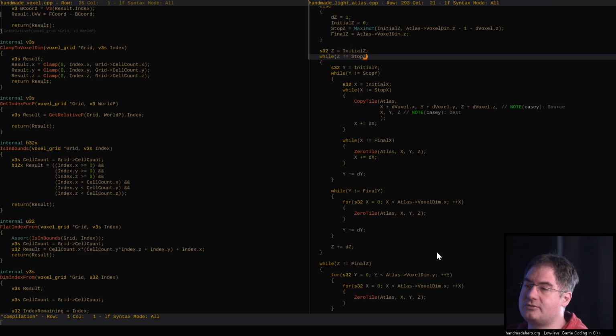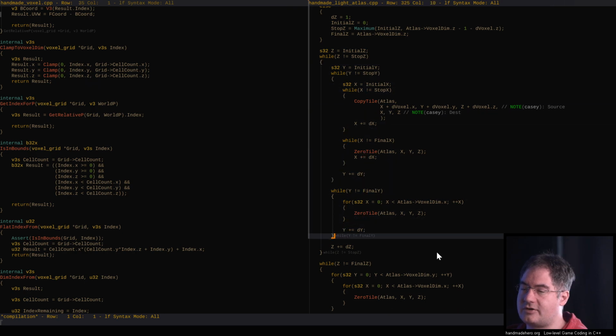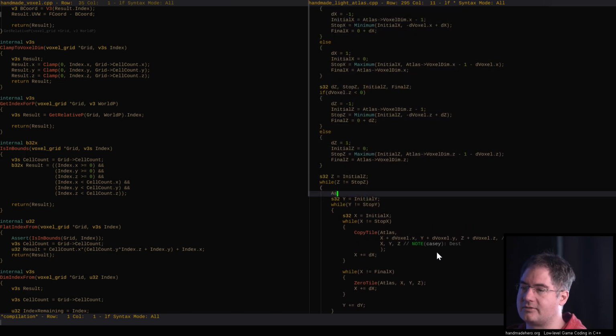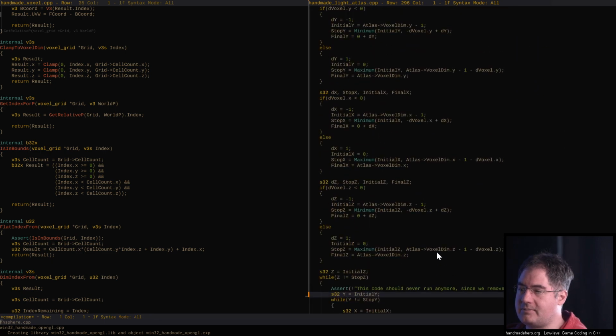And so if you look, this code should in theory never run, which we could assert. But one of the bugs could be that maybe it does.